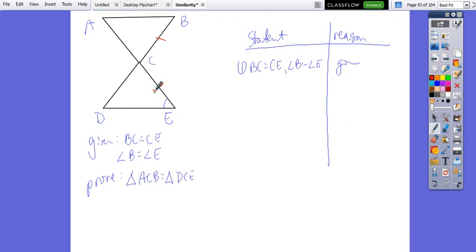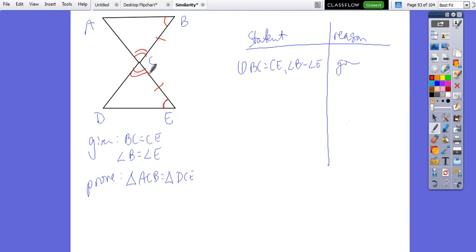What else do we know? B congruent to E. All right, we got one mark in there. Got another mark. Okay? B congruent to E. So we've got two things that we need. What else do we have in this picture? Vertical. Very good.